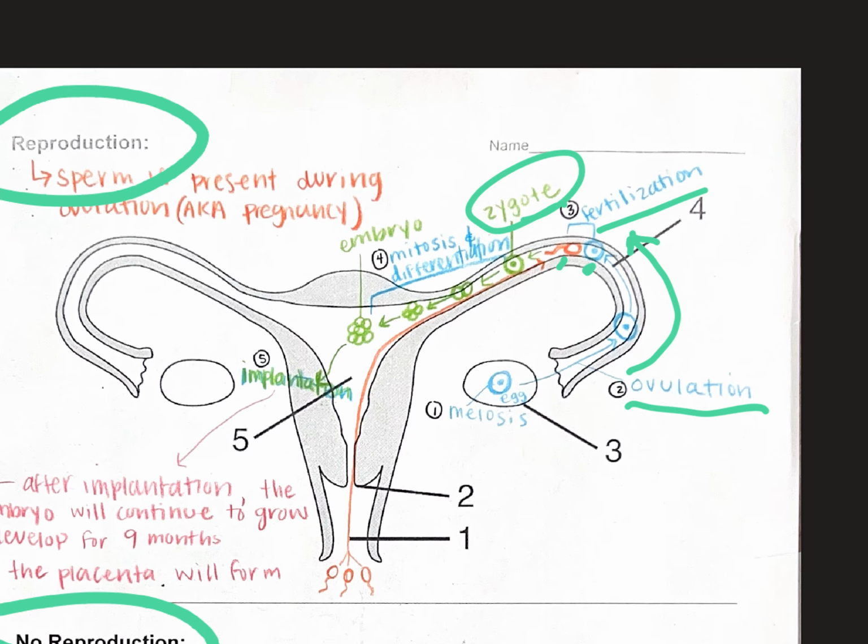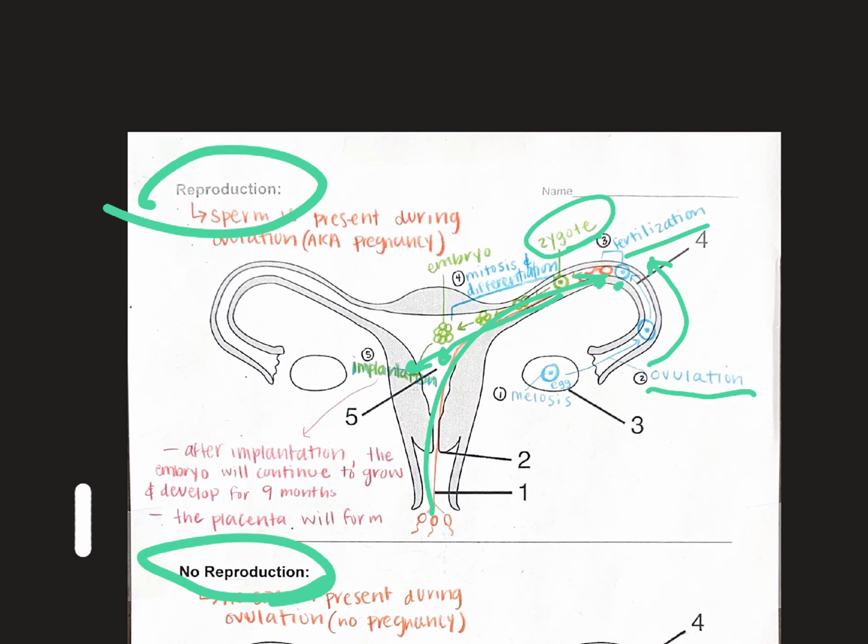The zygote would then be developing and implanting into the uterine wall. It would use all that nutrient-dense uterine lining to start to develop and nourish itself as it continued to develop through fetal development, like we just talked about. This all would only happen if sperm were present in the fallopian tube during ovulation.